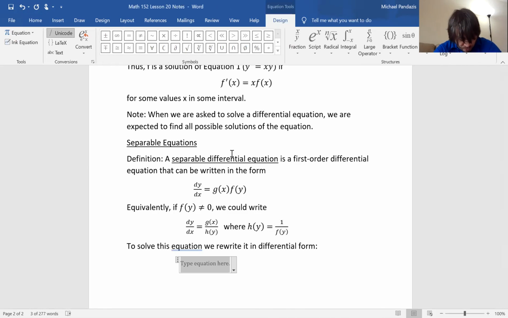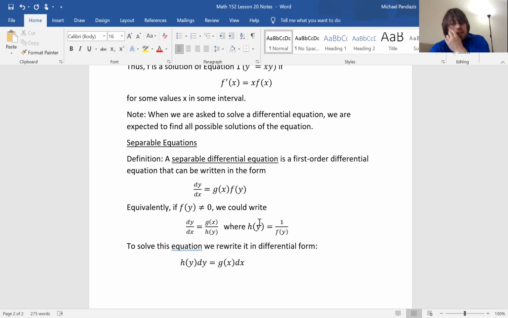In differential form, this says that h of y dy is equal to g of x dx. The way to see that is just cross multiply. It's not the reason they're equal, just a helpful memory technique: dy dx equals g of x over h of y, and then h of y dy equals g of x dx as differentials.